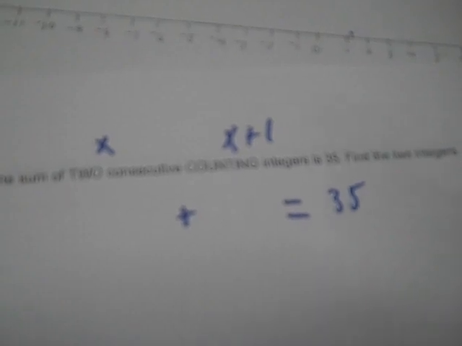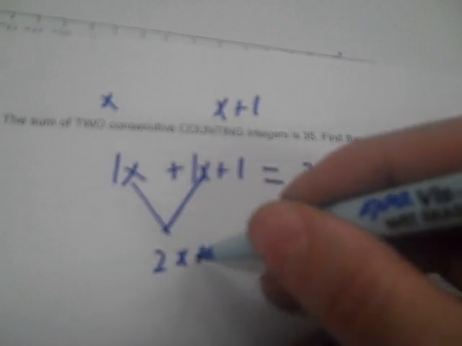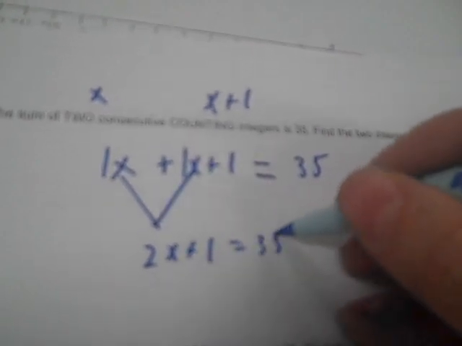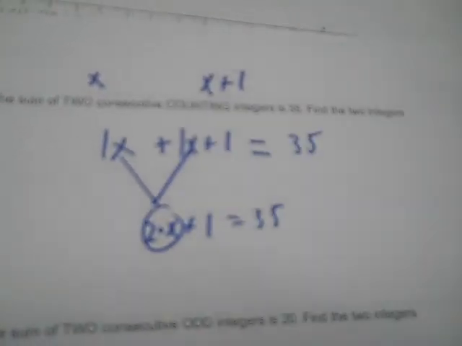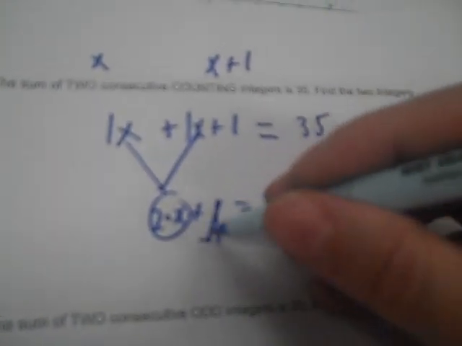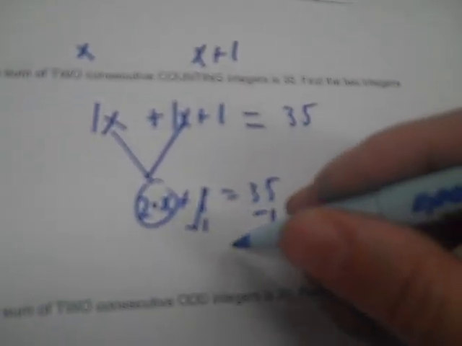So when they say counting, it's what you're going to write for your two unknowns. So on this side, you're going to put the x, and then x plus 1. Now put 1s in front of your x's, and you make your variable. So that's 2x plus 1 equals 35. So x has a multiplier of 2. I subtract 1, and that's 34.